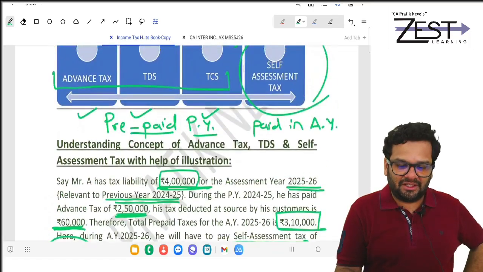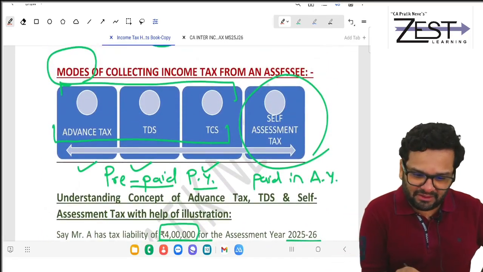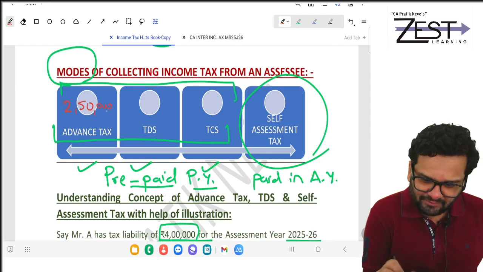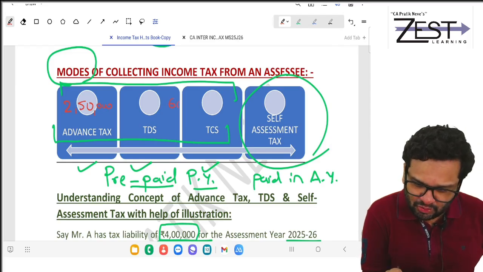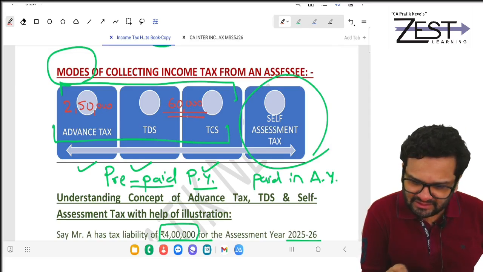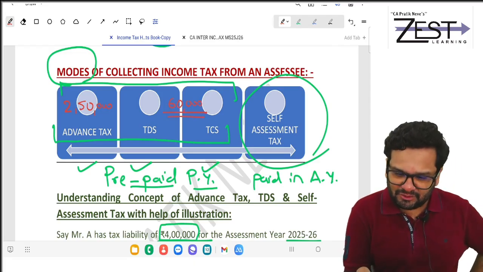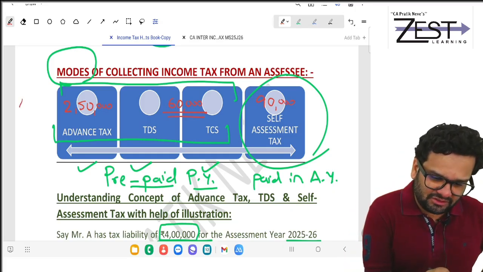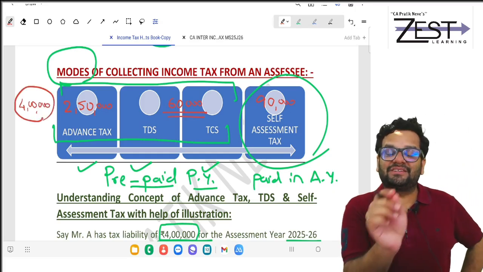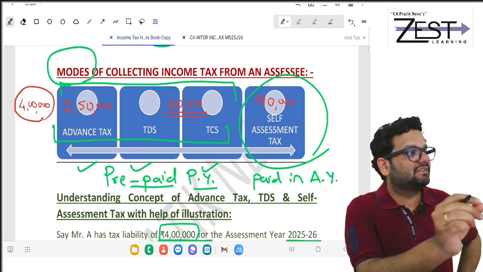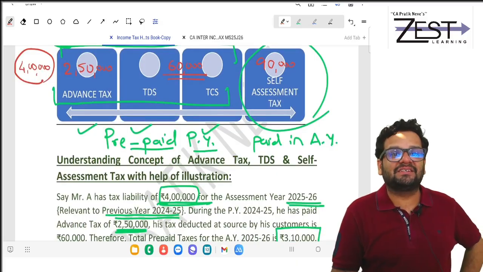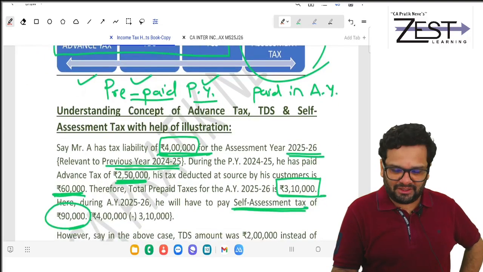So in short, in our example, advance tax is 2,50,000, TDS and TCS together is 60,000, and self-assessment tax is 90,000, where the total tax liability was 4 lakhs. So see, this is the income tax liability. It is discharged by way of various modes, that is advance tax, TDS, TCS, SAT, self-assessment tax.